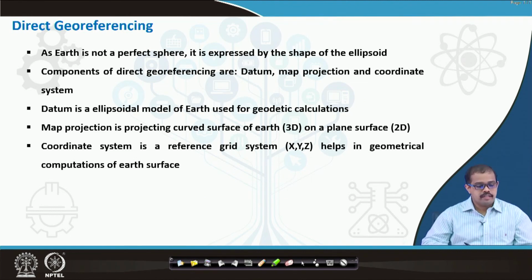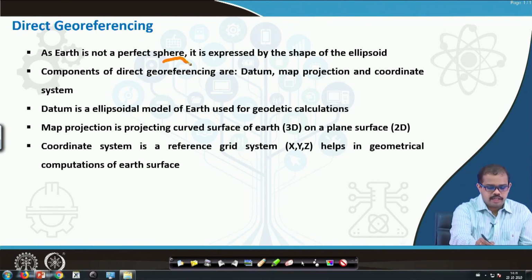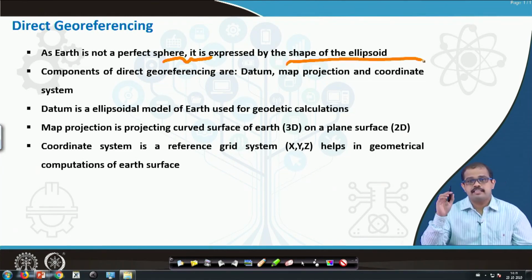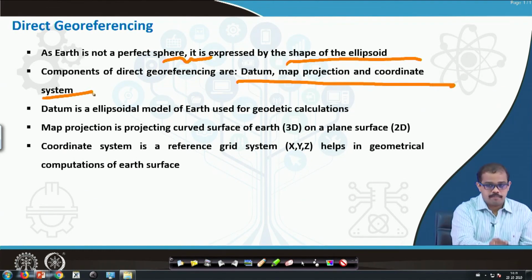So direct georeferencing is defined, as I said, the first thing it always looks at is that the earth is not a perfect sphere. It is expressed as the shape of an ellipsoid, or a spheroid. Now, the components of a georeferenced map, please be extremely sure about this.